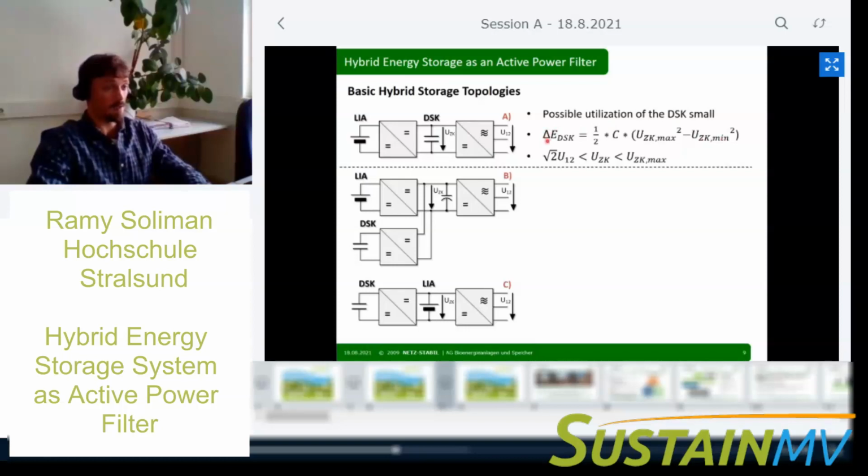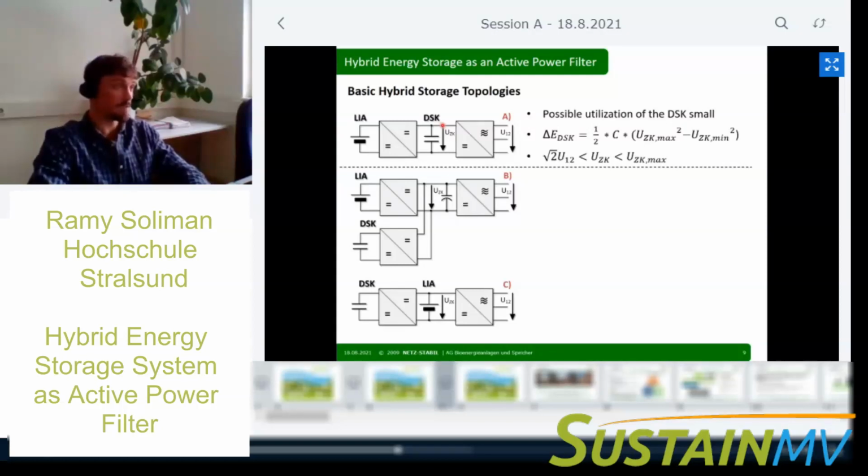And the possible voltage difference in the DC link is very small, because the lower boundary is determined through the grid voltage, and the upper boundary through the dielectric strength of the semiconductors. For our use case, it's about 570 volts to 800 volts.